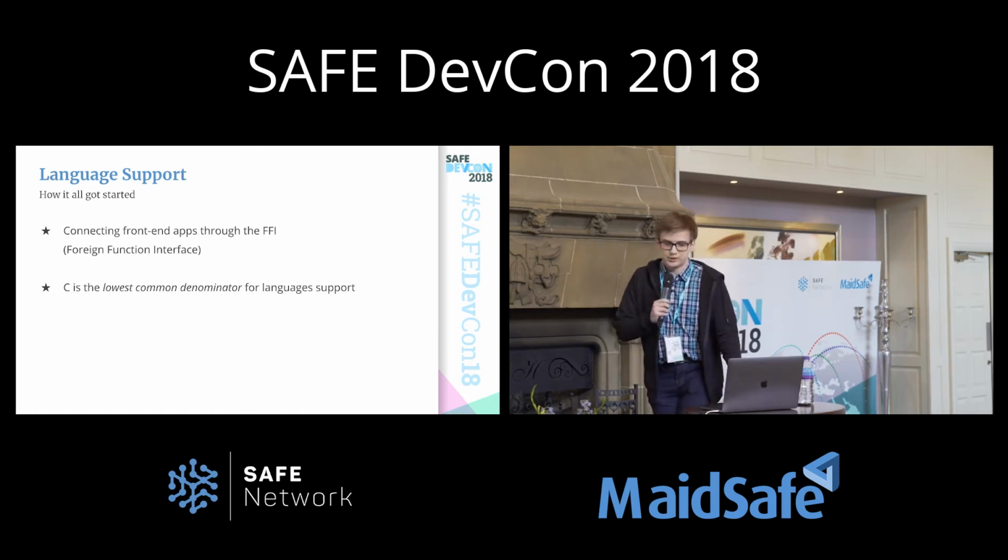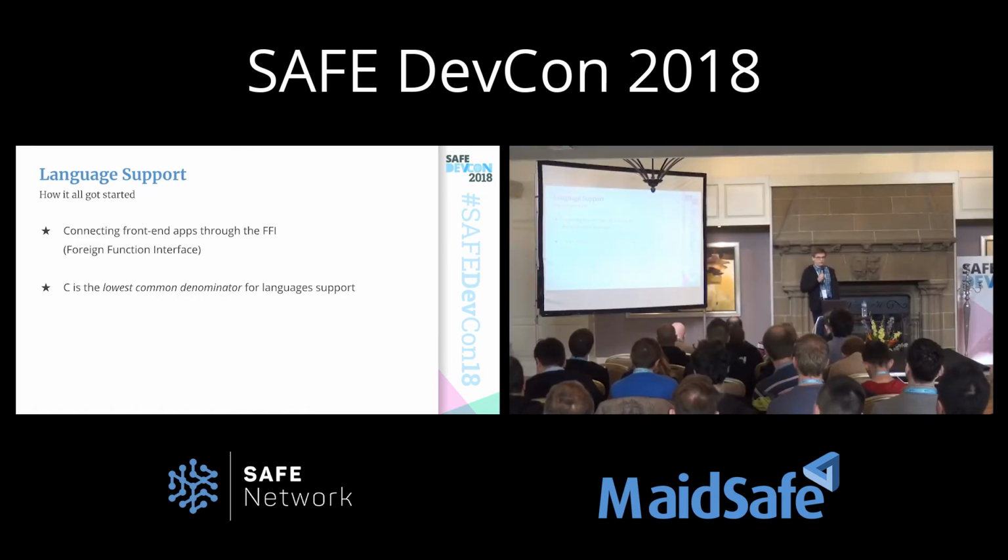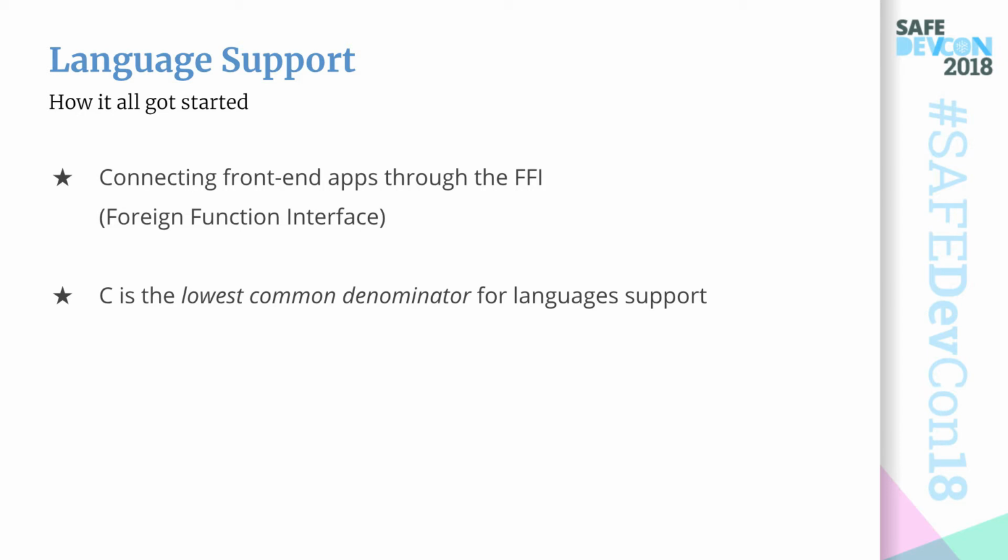So what is our current state of things with the language support? Starting from SafeCore, from the launcher times, we have constructed our API based on the concept of foreign function interface, or FFI. It is based on the C ABI, or application binary interface, that is a kind of lingua franca of all systems development.